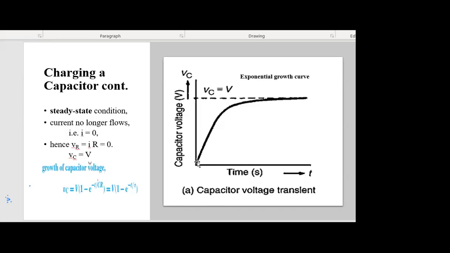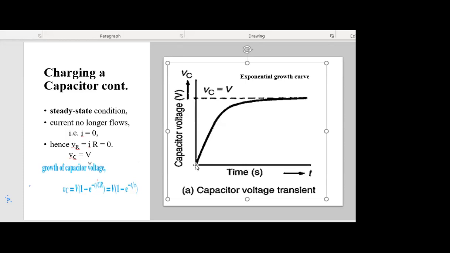When you look at the curve here, at 0 there is no charge, so VC will be 0.